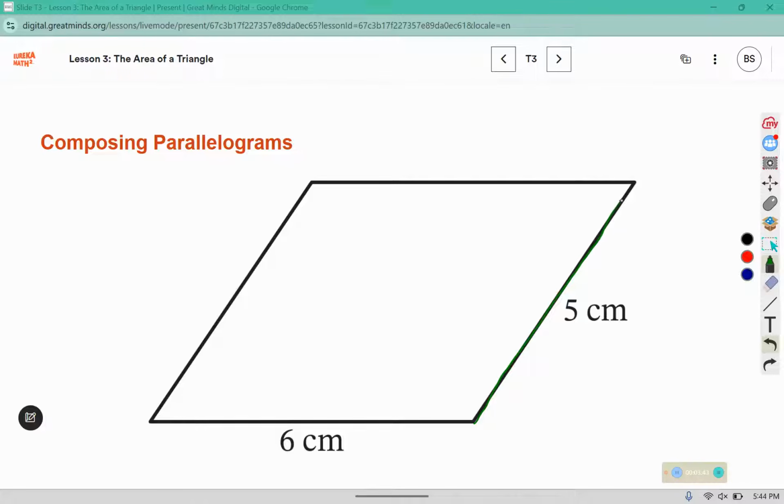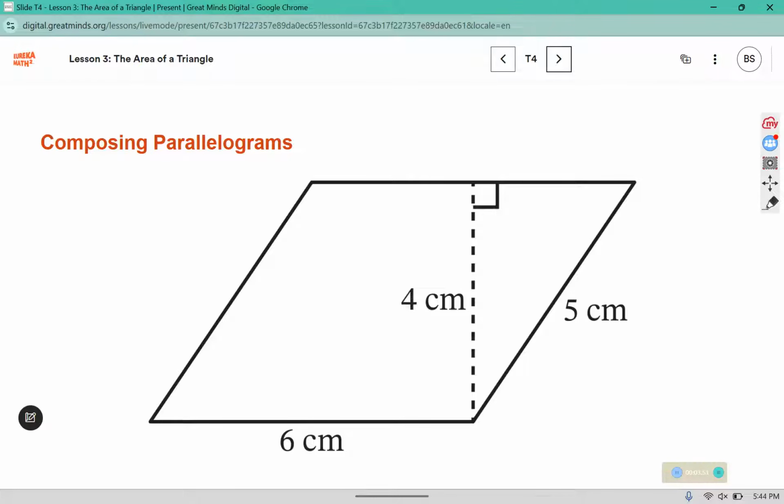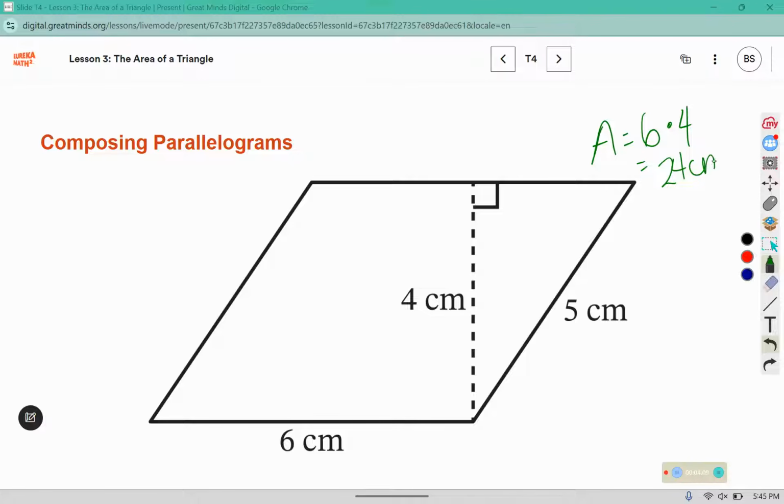It's the diagonal. The height is measured straight up and down from the base. Now that we have the height, we can find the area of the parallelogram. So the base is 6 and the height is 4. So this parallelogram has an area of 24 centimeters squared.